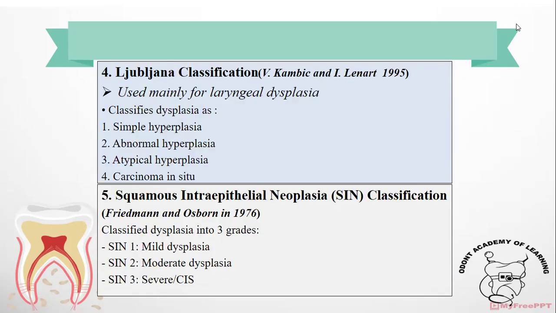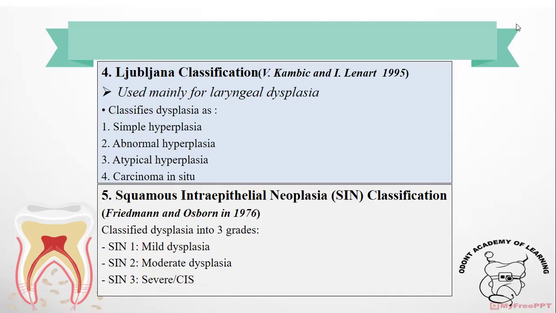The next classification was Ljubljana classification, which was given by V. Kambic and I. Lenart in 1995. This classification basically was not meant for oral dysplasias, but it was mainly used for laryngeal dysplastic lesions. But it can be used for oral dysplasias also.